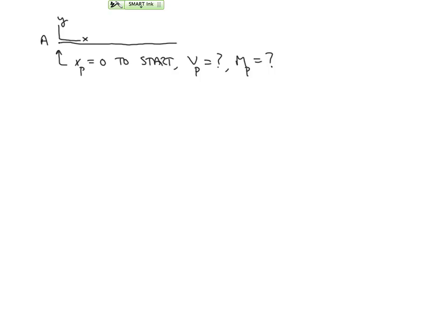I haven't actually shown any icons for different supports here, but let's suppose at A I have a reaction force FA and a reaction moment MA. Both of these have been drawn in a positive sense. FA is up, positive y, and MA is counterclockwise, positive z.